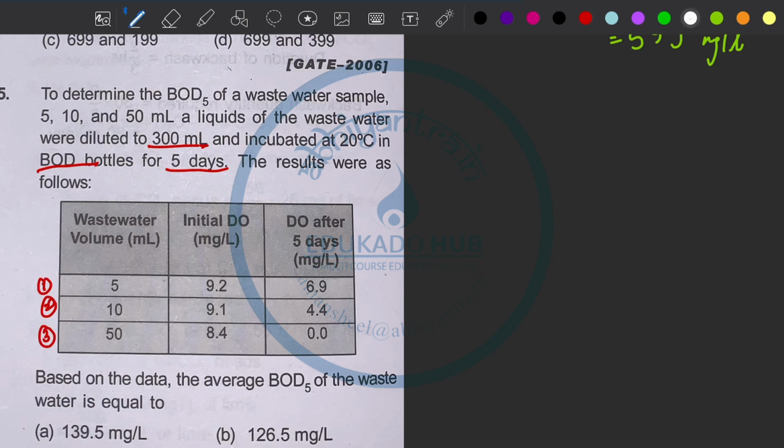So for sample 1, we can say that 5 days BOD will be nothing but initial DO 9.2 minus final DO 6.9, into dilution factor.